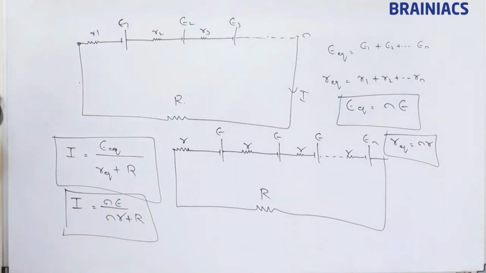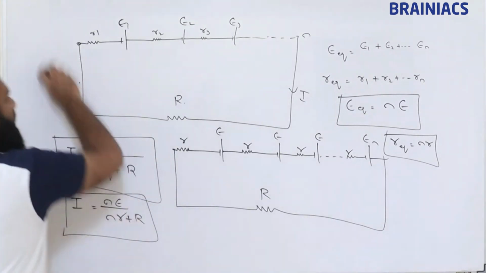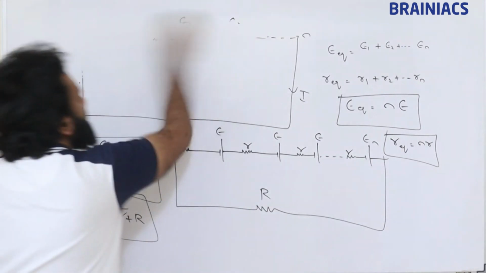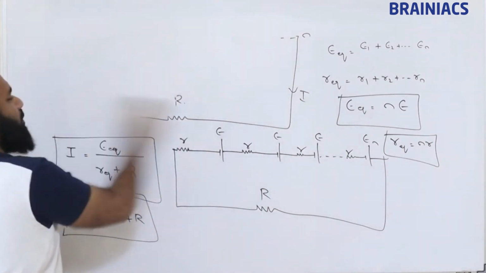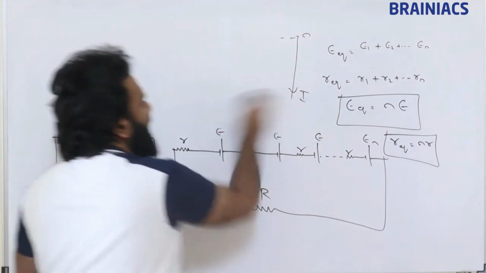Clear? This is what is series combination, which we have seen. We have done some problems also. Then parallel combination also we have derived.